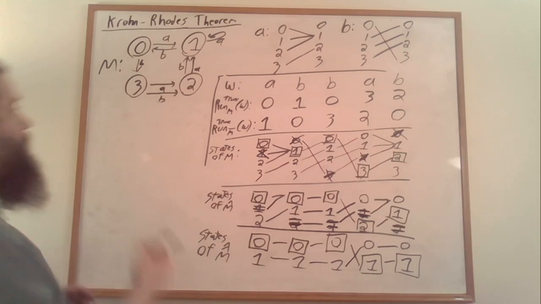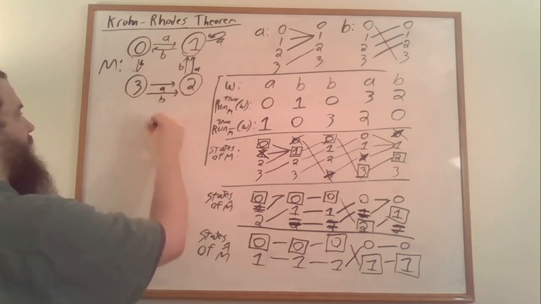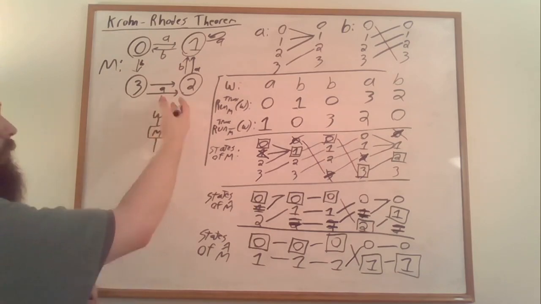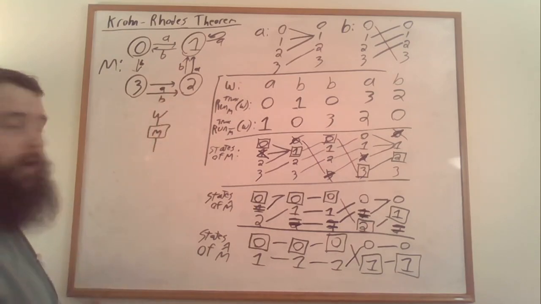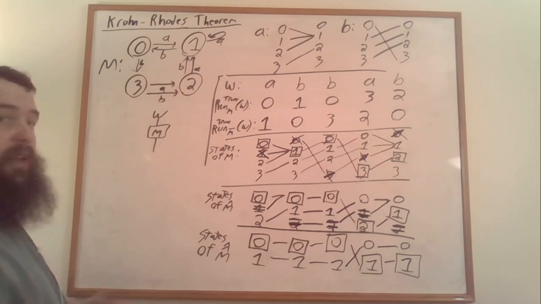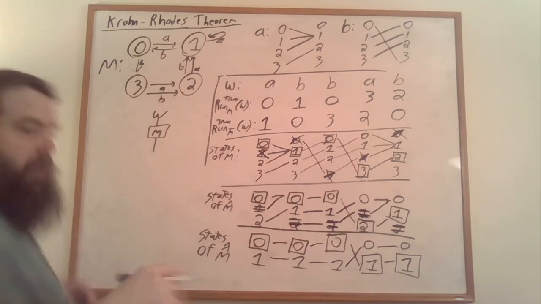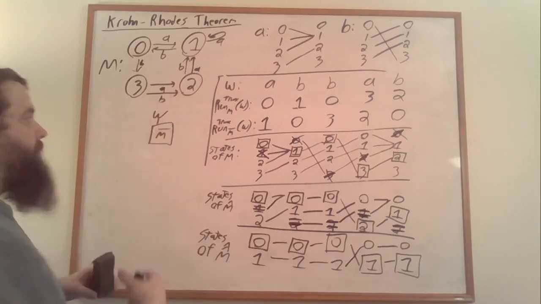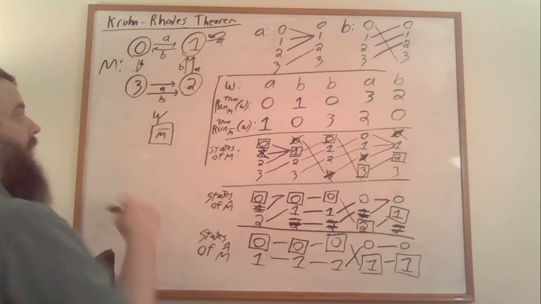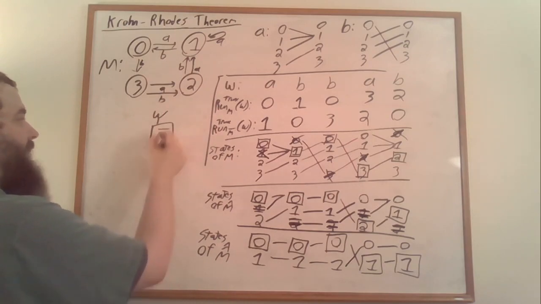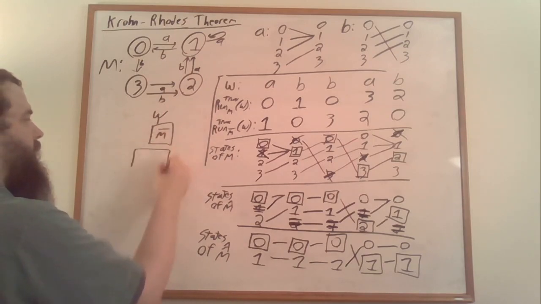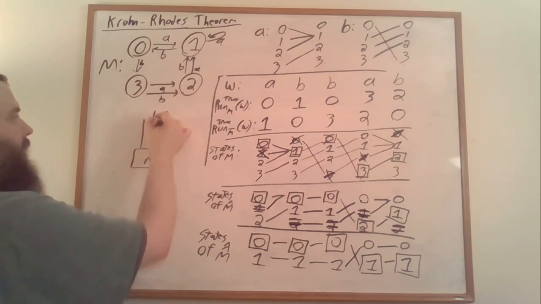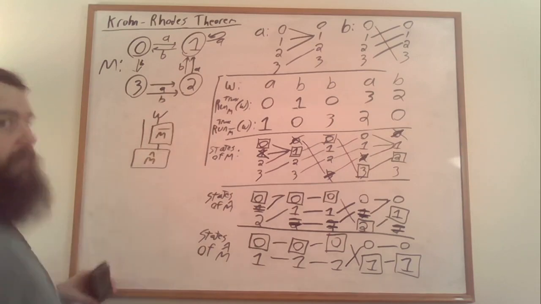So if the diagram for our original automaton transformation looked like this, we're reading in the input word w and passing it through the automaton M. Then our first step was to break the automaton M up into an M bar which read in the characters of w and then fed its output to an M hat which read in both the characters of w and the output of M bar.